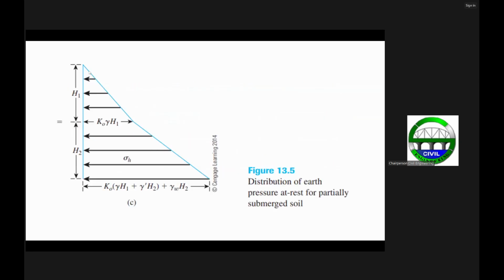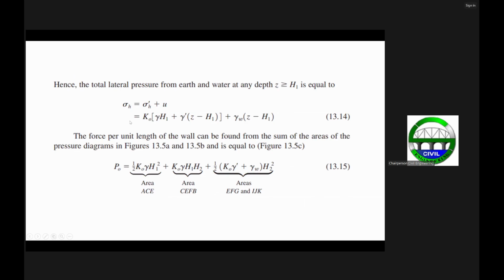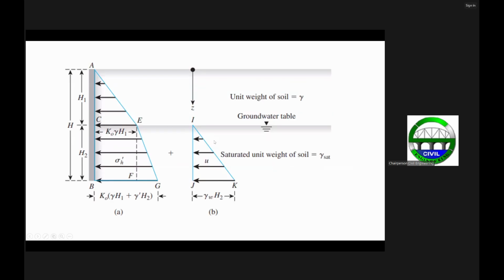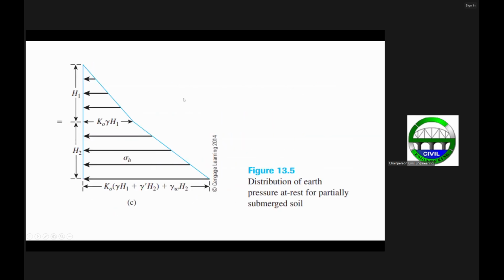This is one diagram. Then this one here can be another diagram where you create a rectangle, and then you have another pressure diagram here, a triangle. Basically, the sum of these two pressure diagrams is just equal to this one here.